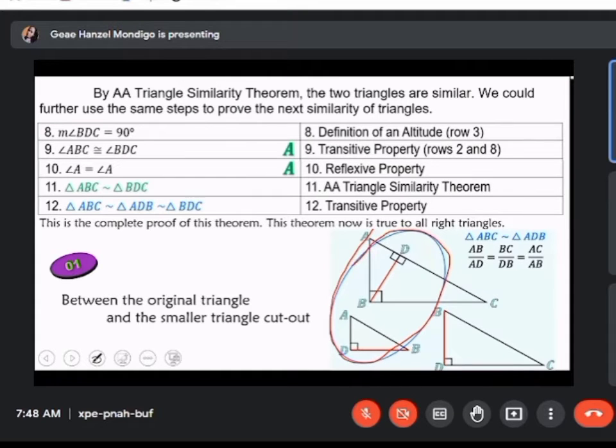First, we have AB over AD is equal to BC over DB, and equal to AC over AB. Because, as I have said, all the sides are proportional.